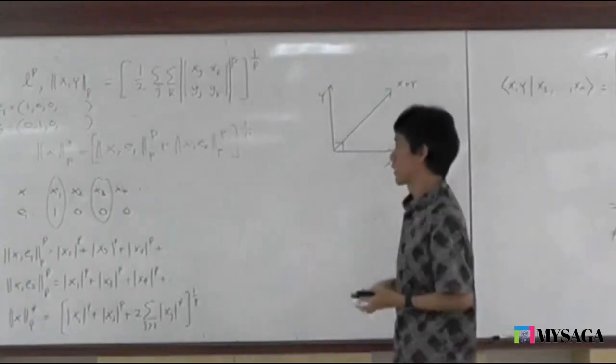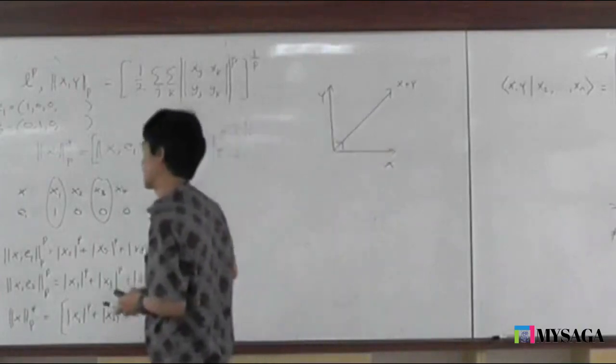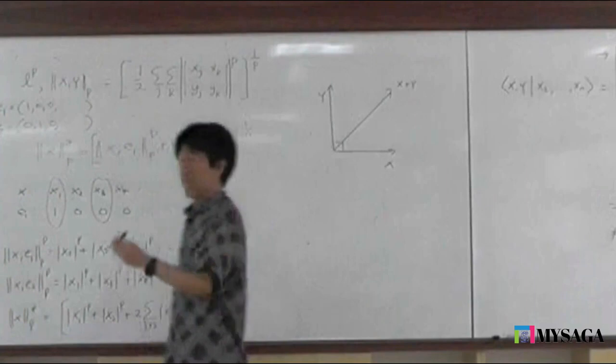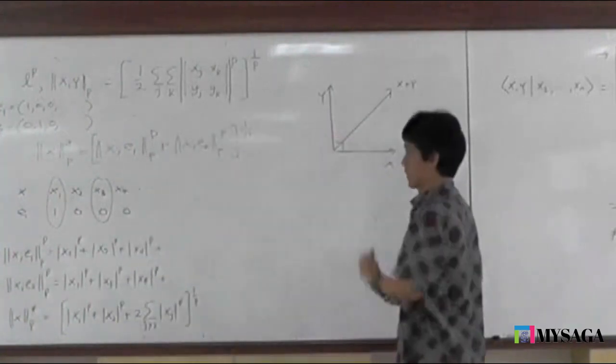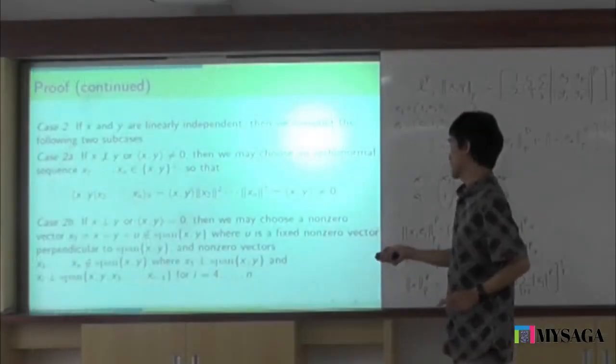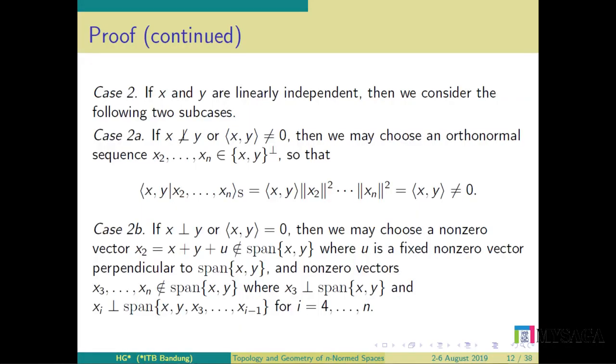So we have a vector not in the span of x and y, perpendicular to x and y. And then non-zero vectors x3 up to xn, not in the span of x and y. X3 is also perpendicular to the span of x and y, and so on.